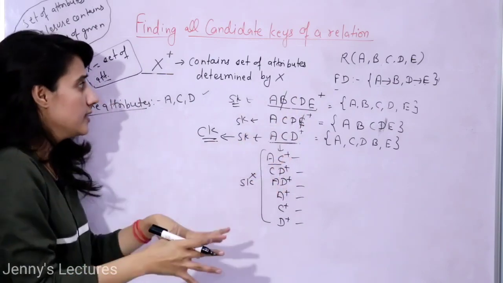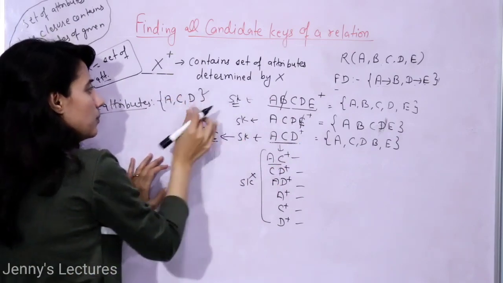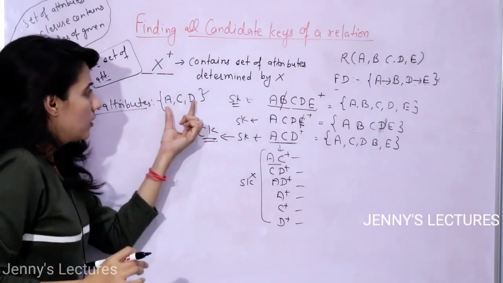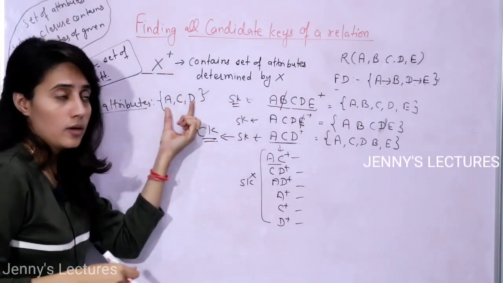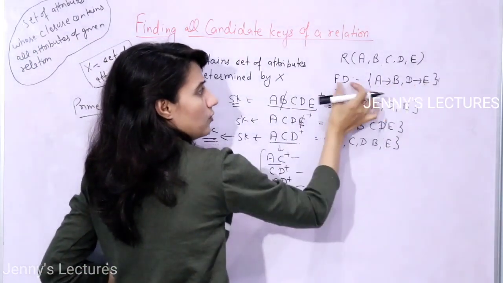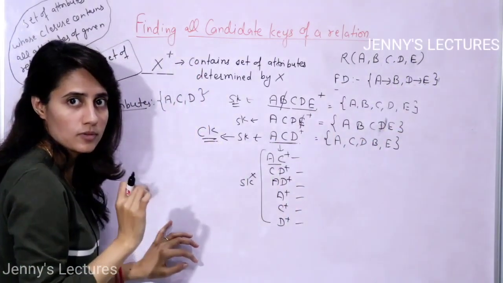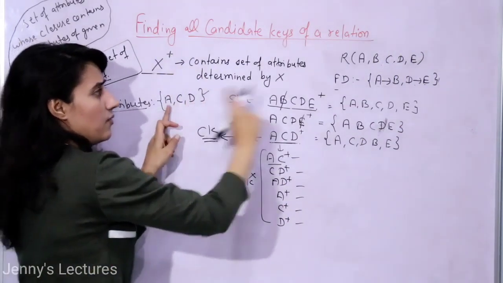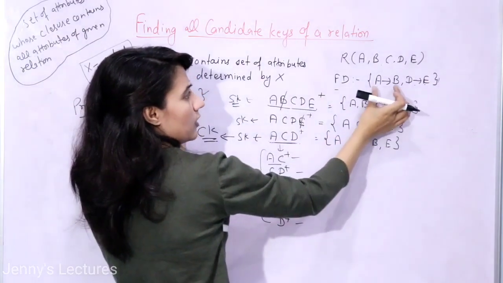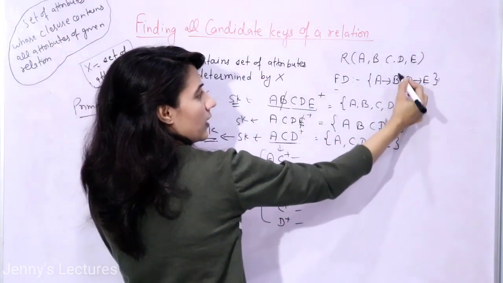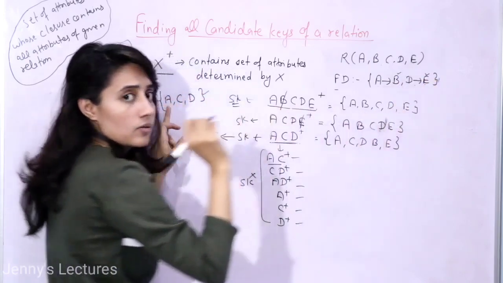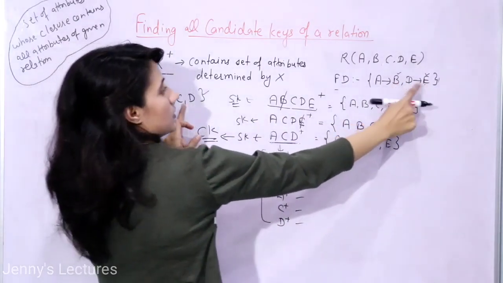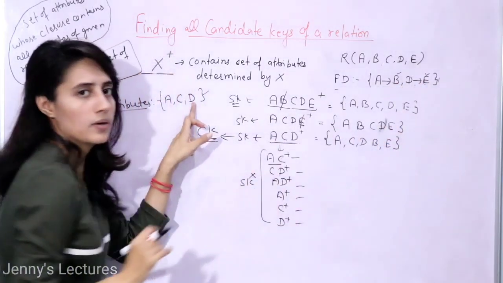The second step is: once you have some prime attributes, check whether your prime attributes are available on the right hand side of the given functional dependencies. I have only 2 functional dependencies. Check the right hand side only, not the left hand side. A is not available. C is also not available. D is also not available, right?